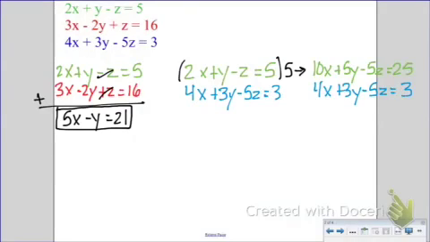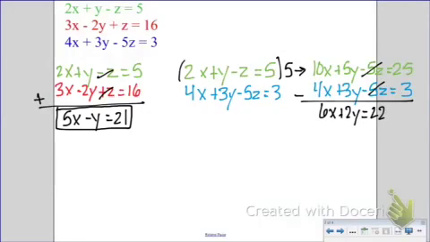And now let's go ahead and eliminate. This time I have negative 5, negative 5. That means we're going to minus. So now the z's are gone. 10 minus 4 is 6x. 5 minus 3 is 2y. And it equals 22. So now we have two brand new equations.